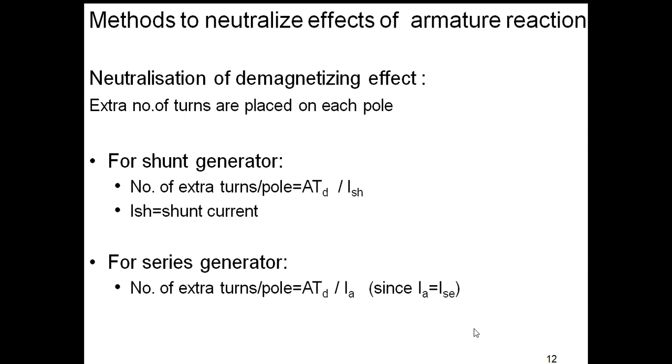For a series generator, the number of extra turns per pole is equal to demagnetizing ampere turns, that is ATd by Ia, where Ia is the armature current. In a series generator, the armature current and series current will be the same.